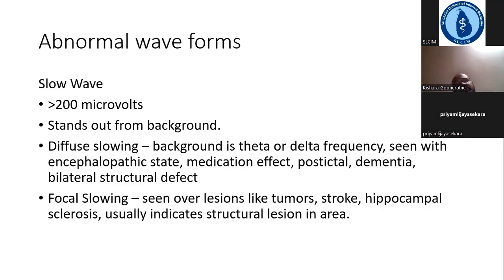And of course, in structural lesions which are bilateral, you will again see this kind of diffuse slowing. Focal slowing: if you see theta or delta activity confined to a certain part of the brain, then you need to exclude a structural lesion, which could have a broad spectrum, from subdural hematomas, tumors, stroke, hippocampal sclerosis, and so on and so forth.